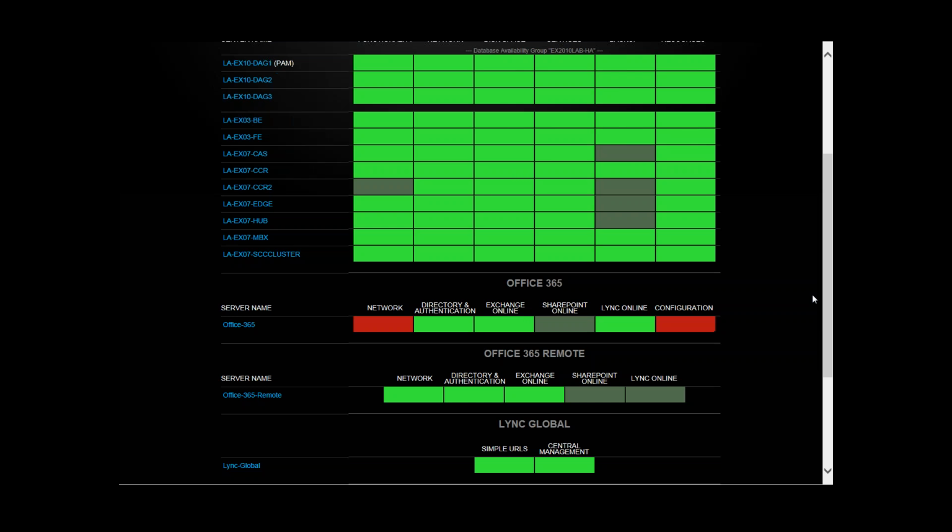Now, the way that we've architected our Office 365 solution is we took the supporting services, and by supporting services I mean the network layer. That's a very important part. We took directory and authentication, as you can see here on the dashboard, and then we took all the services, meaning the three main services that make up Office 365: Exchange Online, SharePoint Online, and Lync Online.